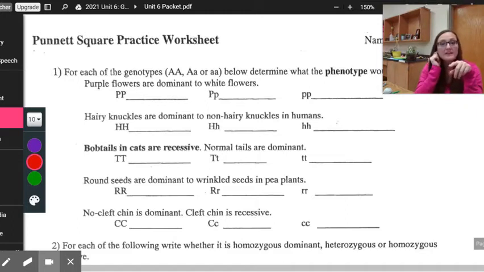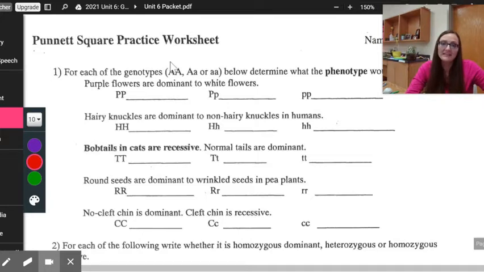So they have pairs. Why do you think that is? Well, because you inherit half of your genes from your mom and half of your genes from your dad. So on each set, you have one from mom and one from dad, so you're going to have 2 letters.